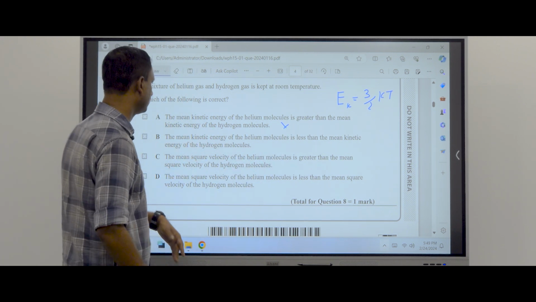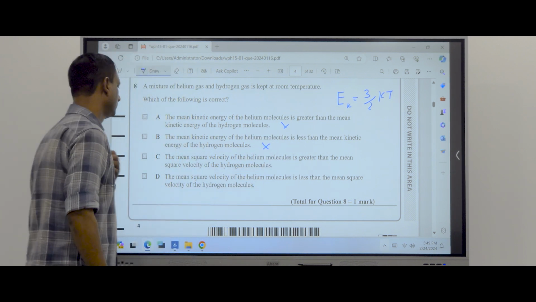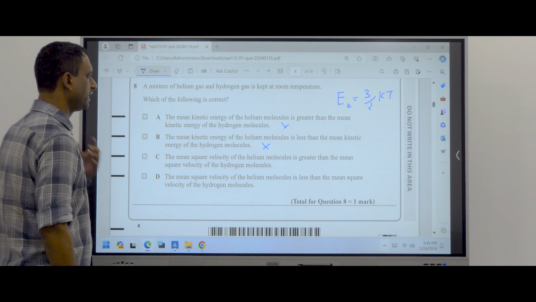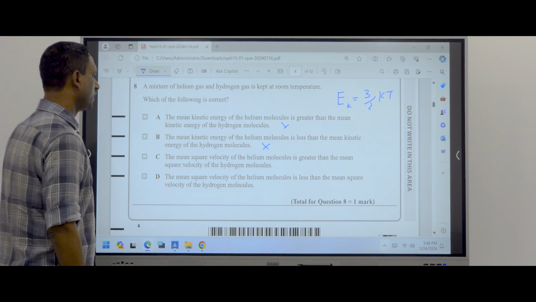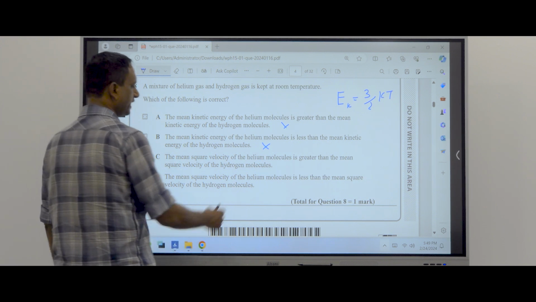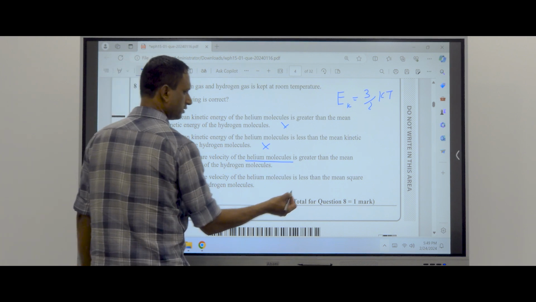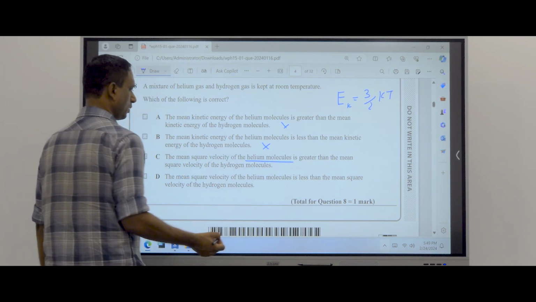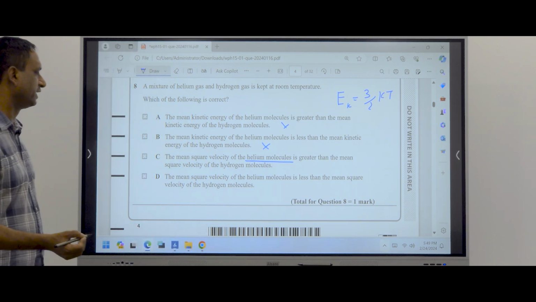The second one also says that one is greater than the other, so this is wrong. Then, the mean square velocity of the helium molecule is greater than the mean square velocity of the hydrogen molecule. Actually, the greater the mass, the smaller the mean square speed, because both have the same kinetic energy.